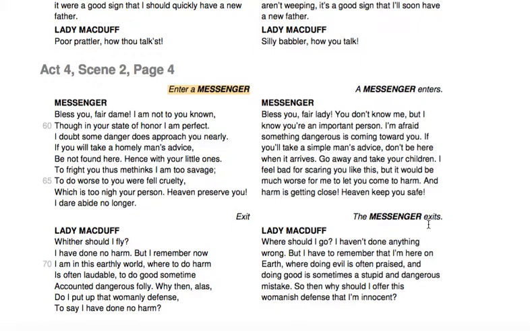So now Lady Macduff needs to act out what she said, that she doesn't need her husband. She's going to find a way to survive on her own. And this is where I'm going to leave you so you can finish the scene, see how it ends, and also read scene 3. Again, I want us to see how these scenes help to develop Macbeth's character.